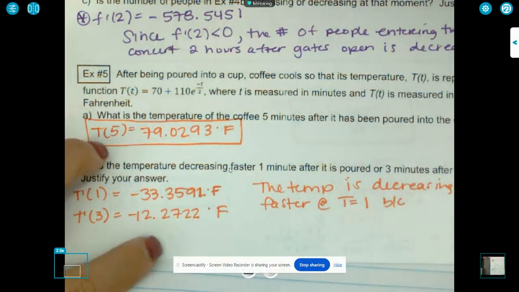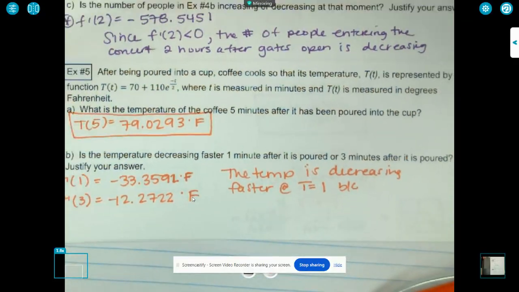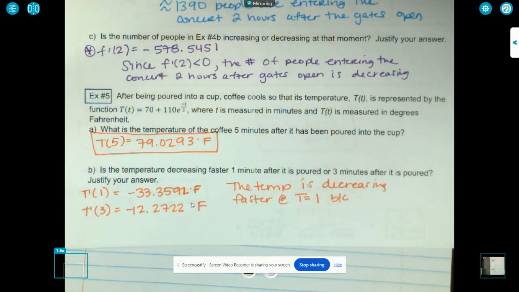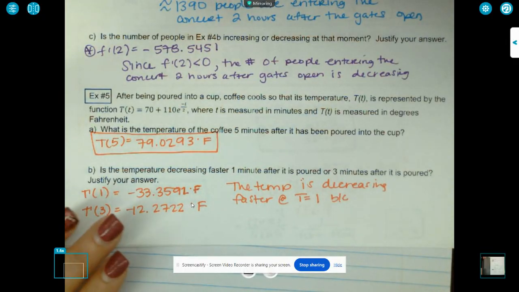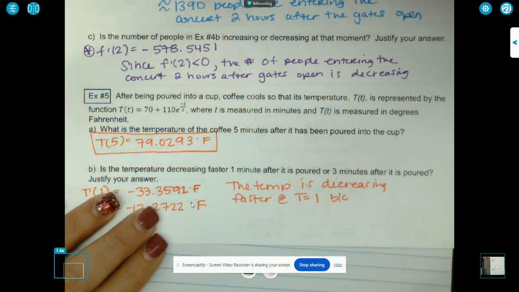Now here's where it can be a little tricky, but why? Because T prime of 1 is less than T prime of 3. Because the rate is greater at -33 than -12. Okay, so in your mind, you realized that -33 is the greater rate. Here are two ways you can say it.